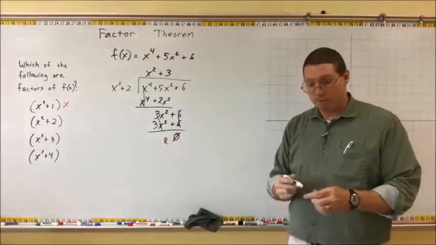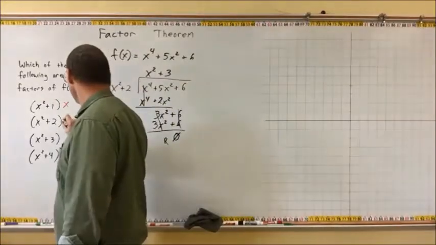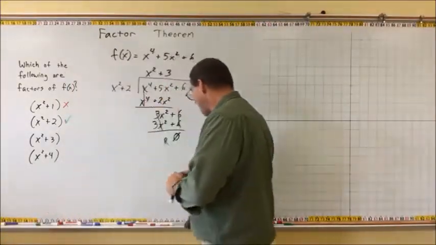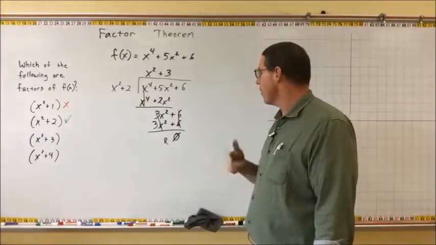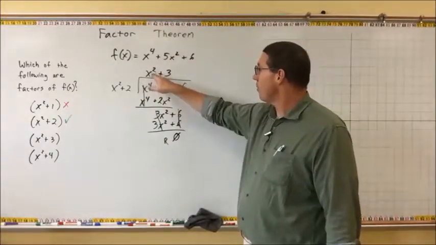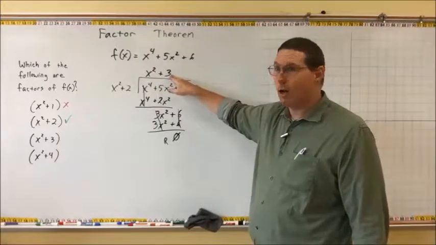Because we have a remainder of 0, that means that x squared plus 2 is a factor of this polynomial up here. That means that it divides into it. And by the way, it divides into it as x squared plus 3, right?